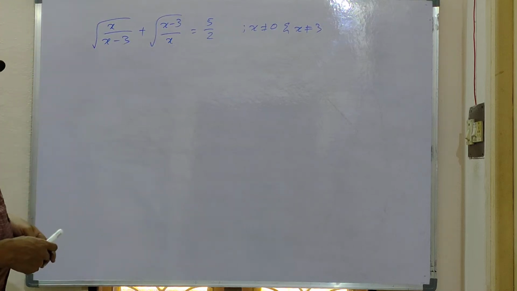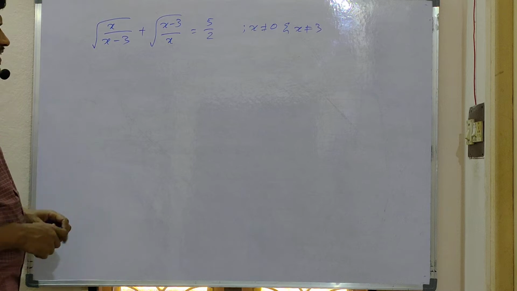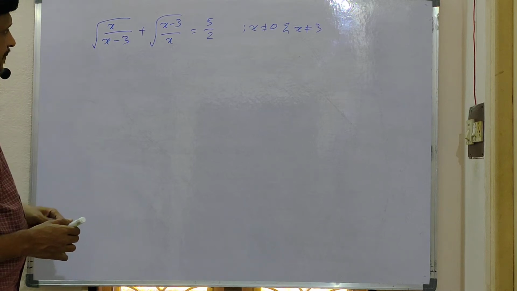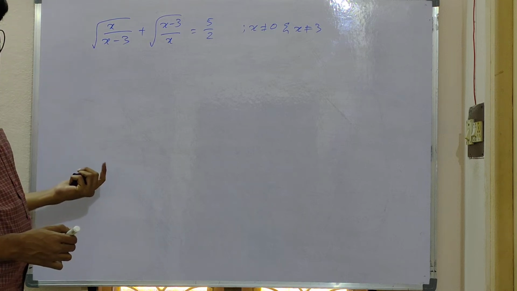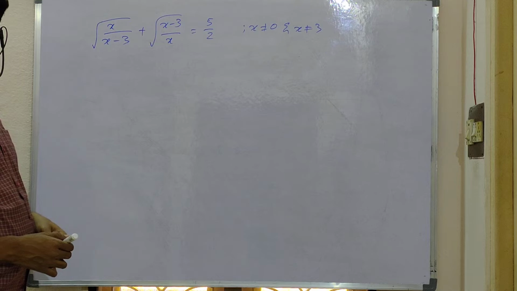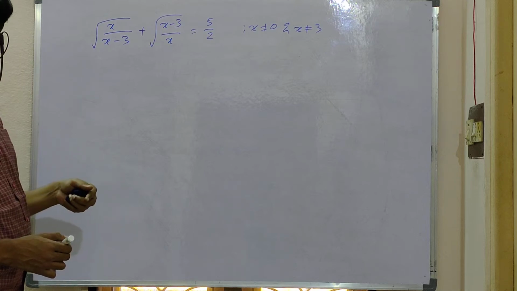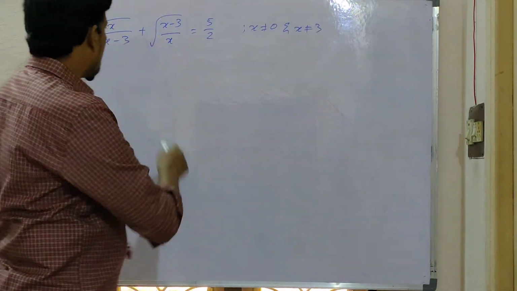Okay then, now we have to solve this one. Just observe the given one. This is root x by x minus 3 plus, the second term is root x minus 3 by x. So what can you observe here? The reciprocal of the first term is the second one. The reciprocal of a by b is b by a, where numerator and denominator are interchanged.